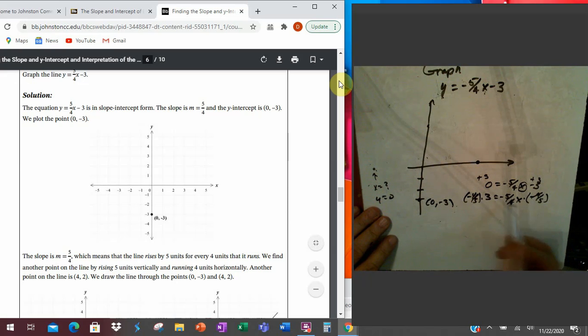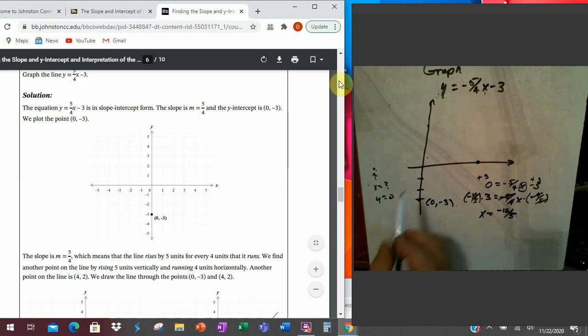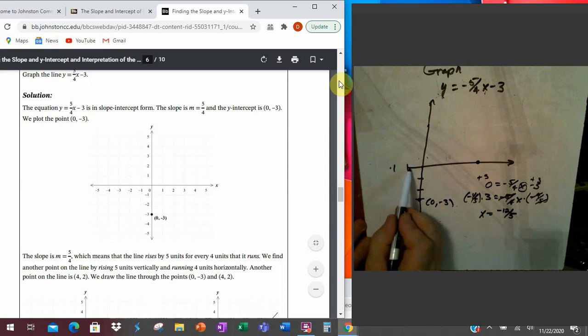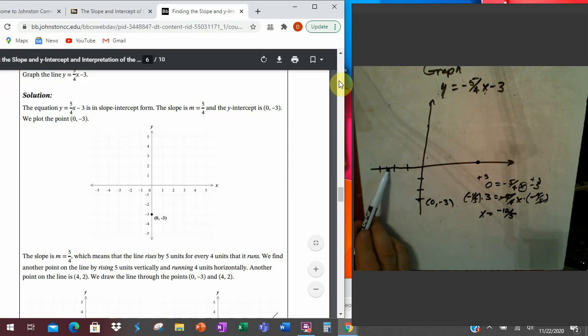So -4, all of that goes out, and my x is -12/5. So that's about -2 and 2/5. So -1, -2, so somewhere along in there, -2 and 2/5, somewhere over in here, and I would just draw my line right down there.